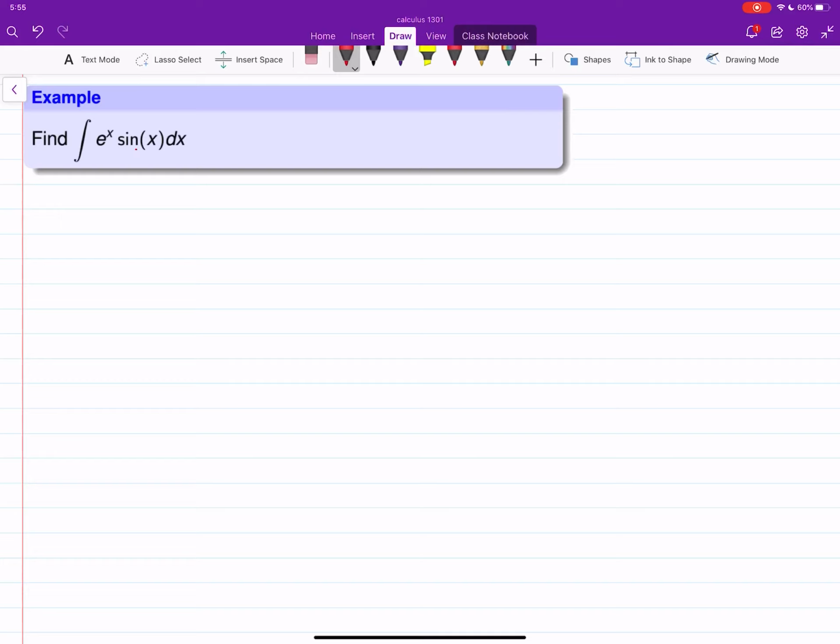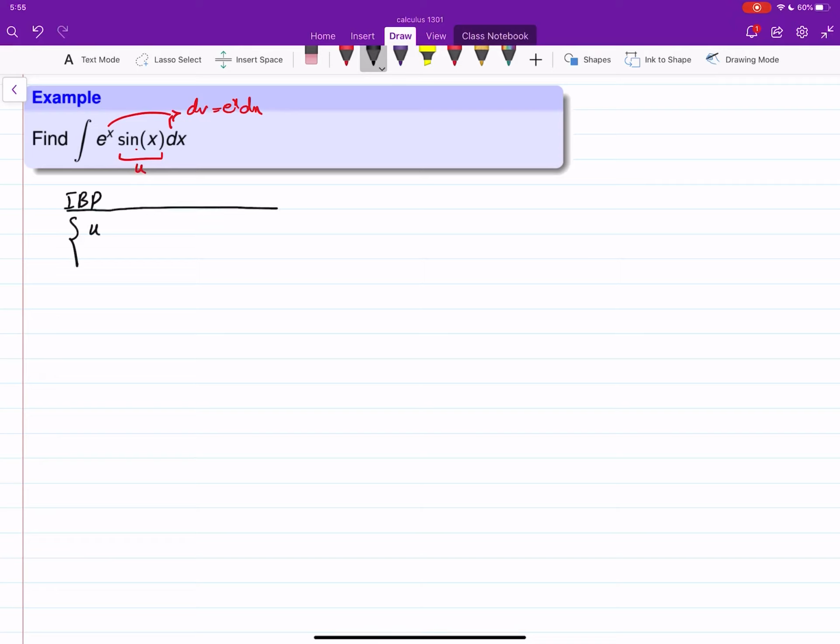In this case, you can either take sine x to be u or e to the power x to be u. I'm just choosing sine x to be u. So dv will be e to the power x dx. In this specific case, you can do both choices.